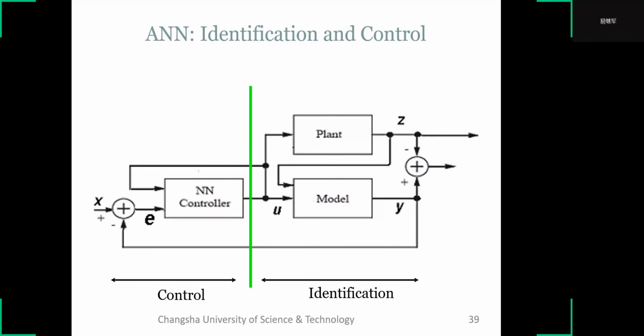This is an artificial neural net for identification and control.